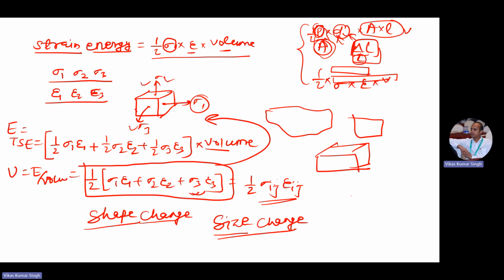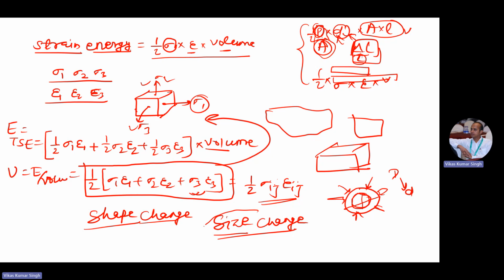So what are these two things, shape change and size change? Suppose you have a sphere and you are putting pressure from each side like hydrostatic stress. So this sphere will shrink like this. So what is happening here? Initially the diameter was big D, and now a small d. But still it is a sphere only. So your shape is the same, only size is changing.